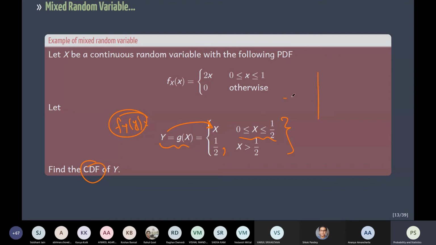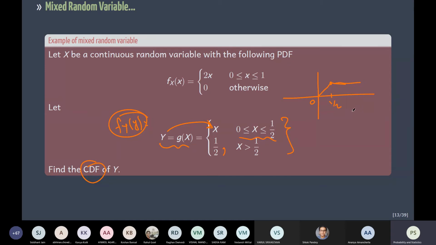If I plot this, then it's 0 to half, it is linear, so it goes up to here, and from half it's like this. So y itself is not looking discontinuous, right? Because up to half it took the value half, and from half onwards it's equal to half.